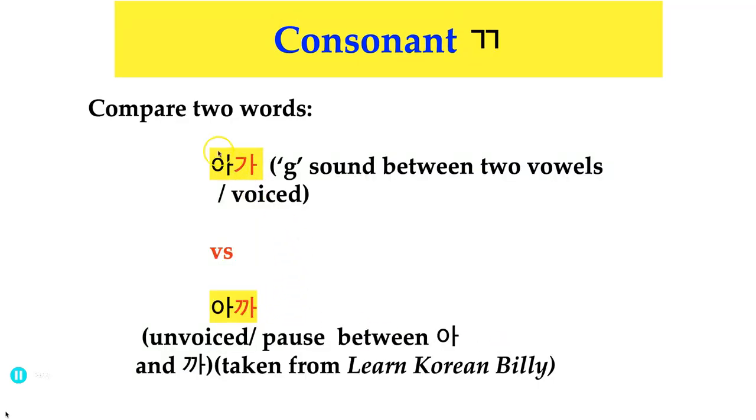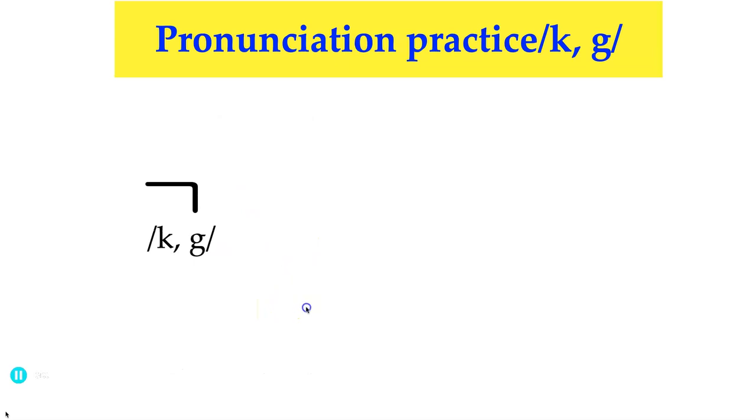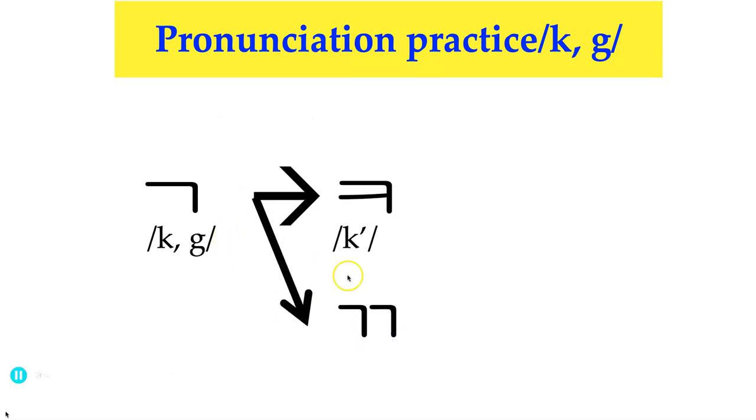Okay, let's compare these two words. Notice that this one, because it occurs between two vowels, becomes more like a voiced sound. Ga, ga. However, this one is unvoiced. Ga, ga. Please compare these two sounds. Let's practice one more time. Ka, ka, ka, ga.